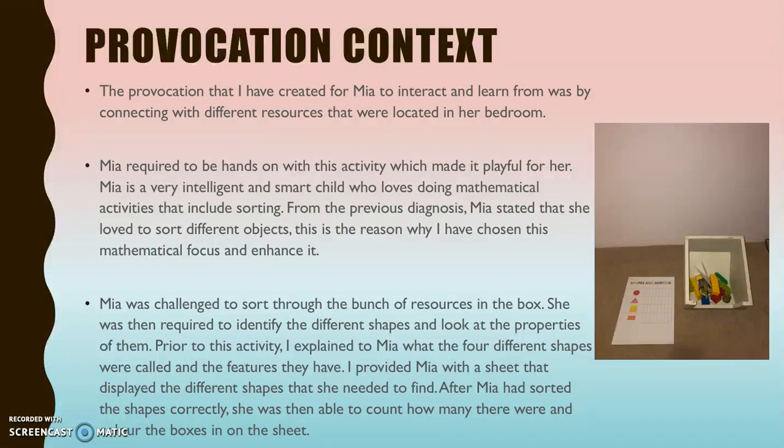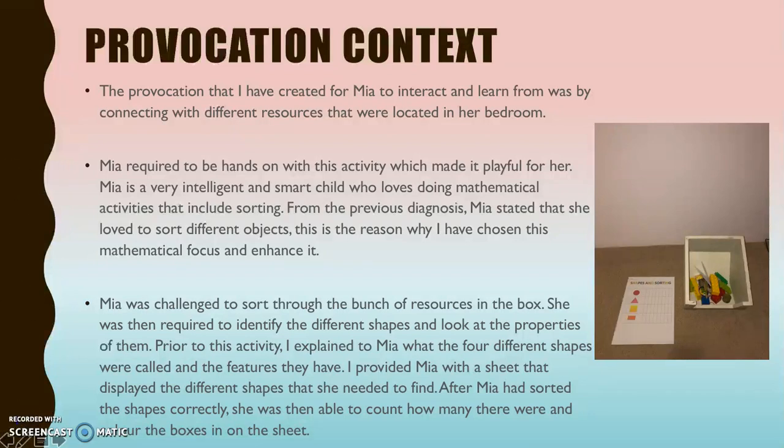From the box that I've put random stuff in, she needed to sort them according to their shape. There were circles, triangles, squares and rectangles, and she needed to group all the circles together, triangles, squares and rectangles as well. So she needed to look at the different classifications of these objects so she could sort them correctly. I felt that she was very challenged through this box as well.